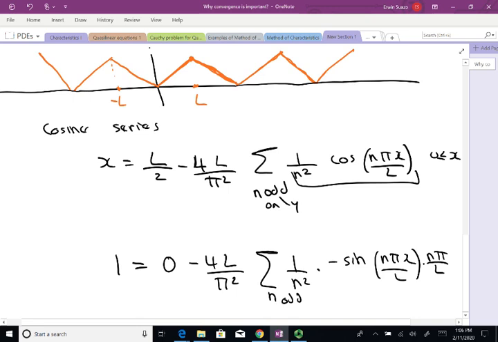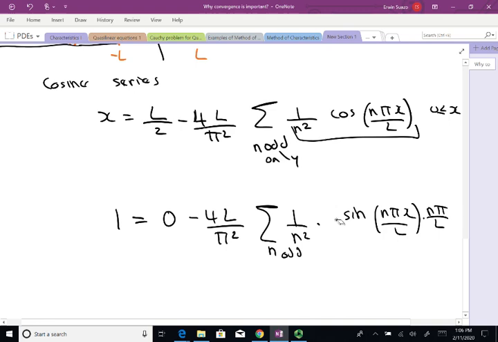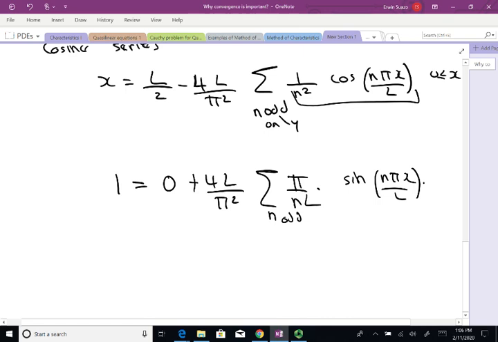Okay, so minus times minus gives me plus, and this n cancels with one L, and then I get pi over L. Is that right? Yeah. Okay, I have another simplification.